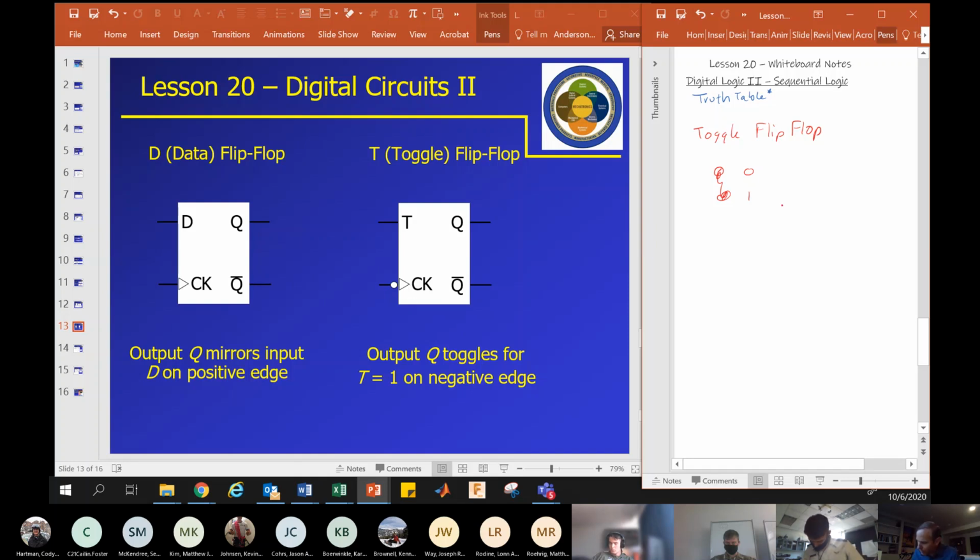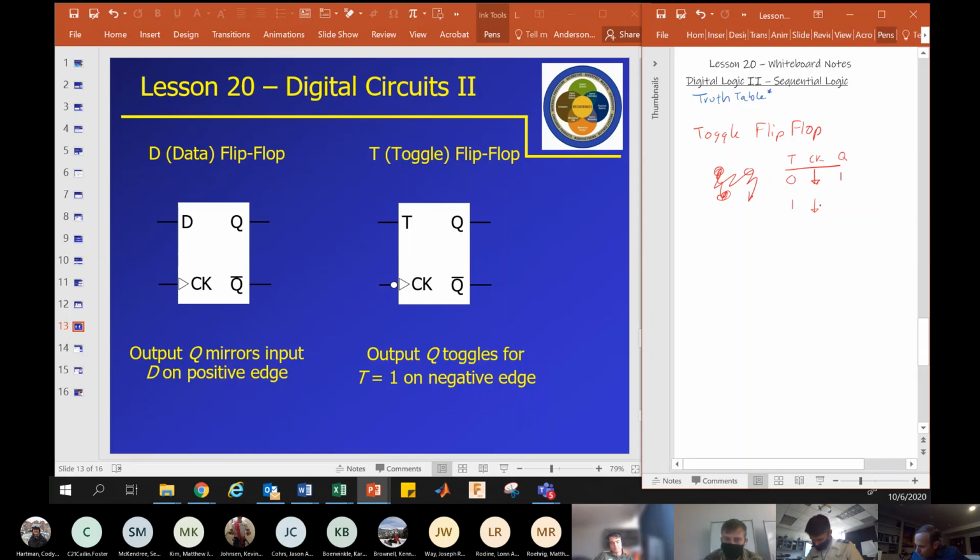So in this case, what type of triggering is this? Negative edge. Yeah, it's negative edge triggered. So if T is 0 and we get a negative clock pulse, Q will be 1.